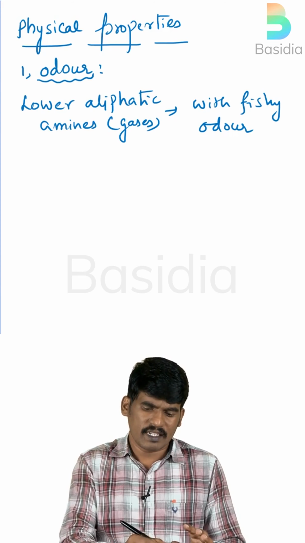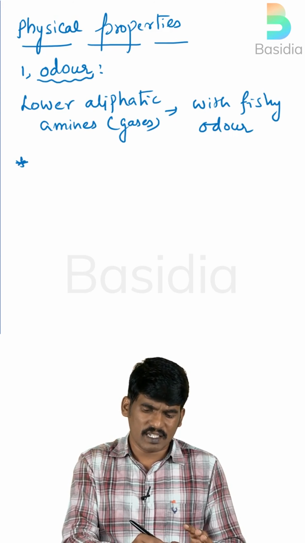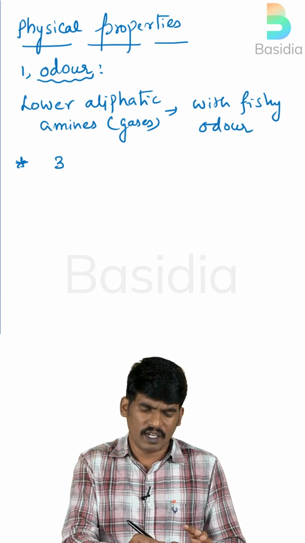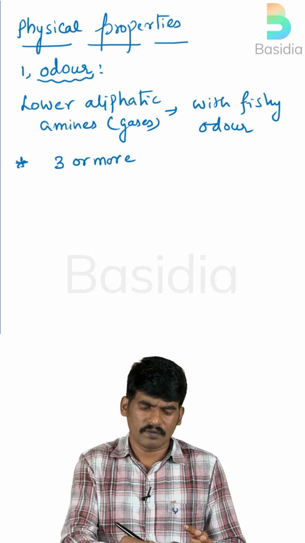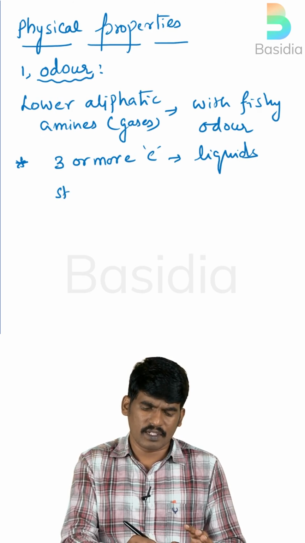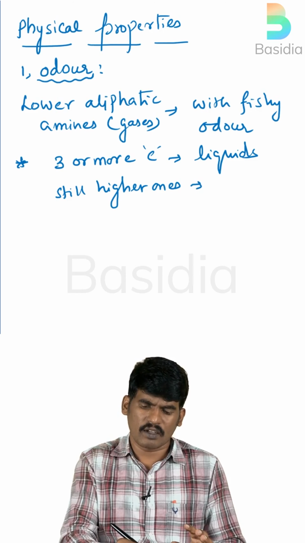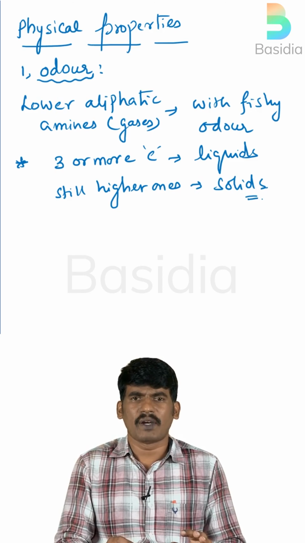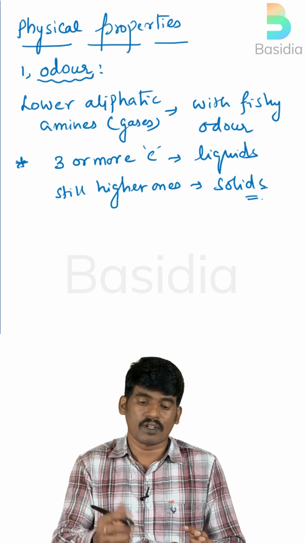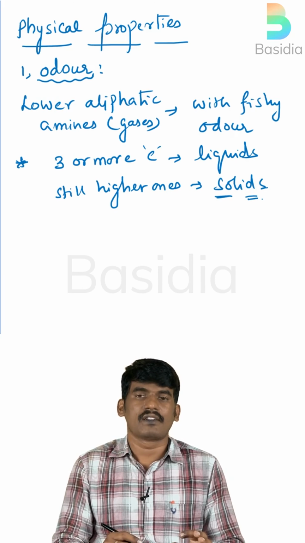Next, the physical state. Very lower aliphatic amines are gases. Those with 3 or more carbon atoms are generally liquids, but still higher ones are said to be solids.